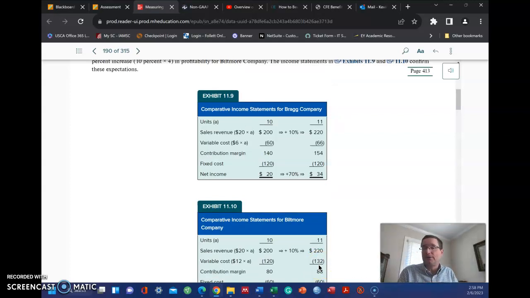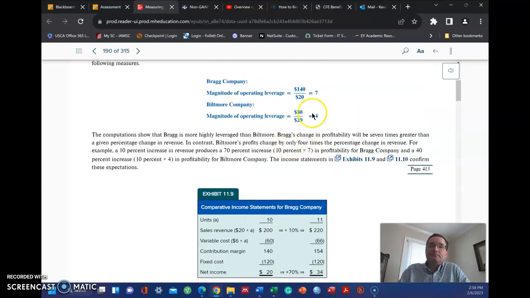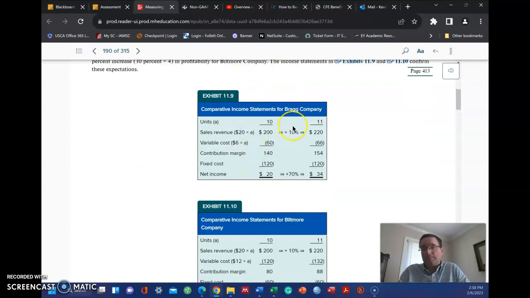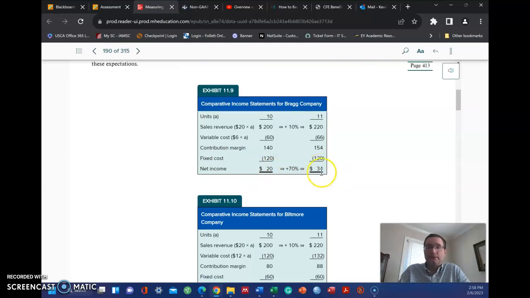Once you break even, in other words, your contribution margin equals fixed cost, once you clear that, the more you clear it, the better your bottom line, the better your net income is. So mathematically, it was 7 for Bragg, or 700%. So 20 times 1.7 is 34, or 20 plus 70% of 20, or 14, is 34.